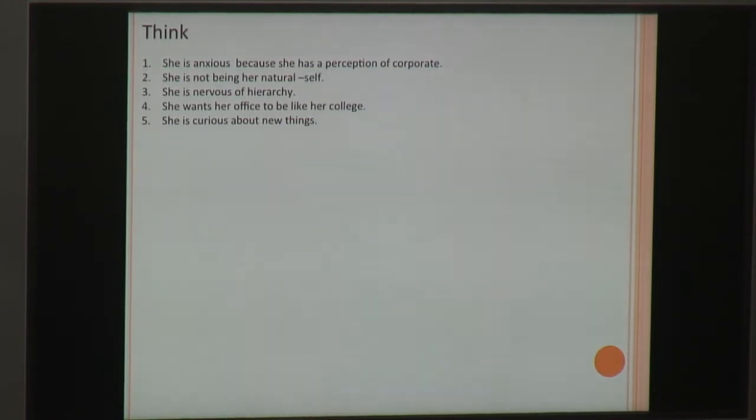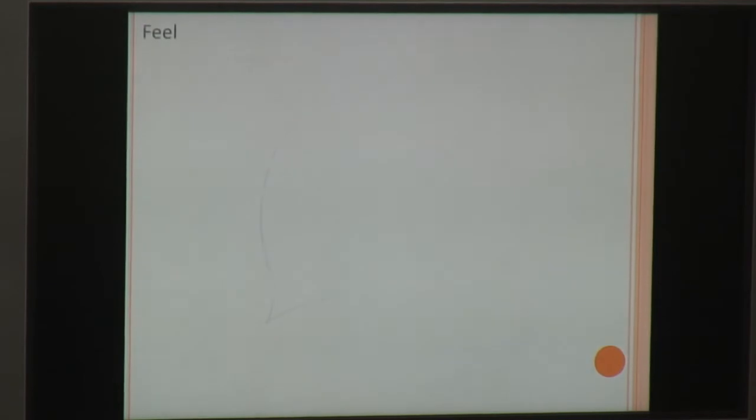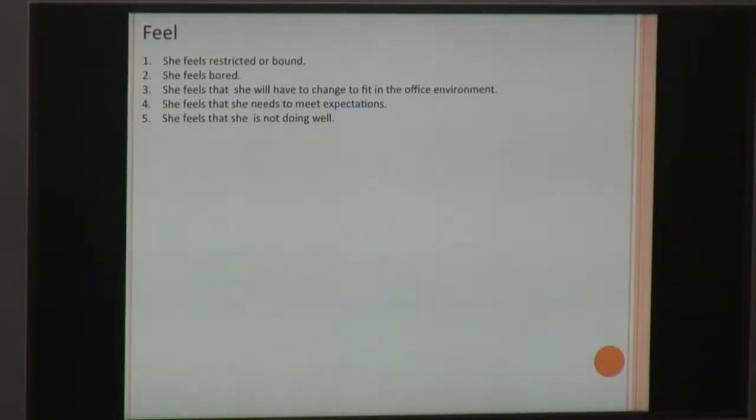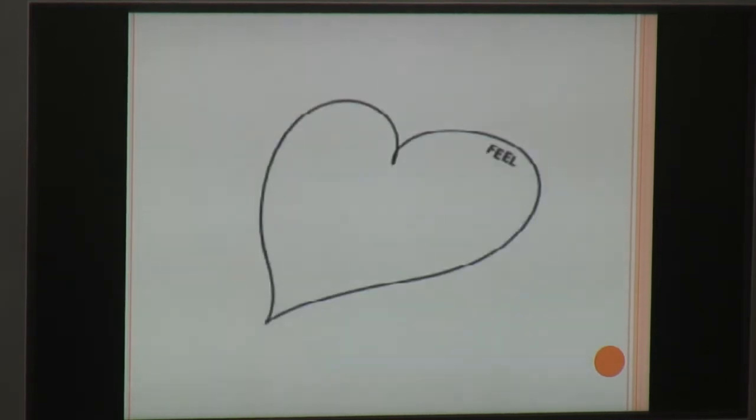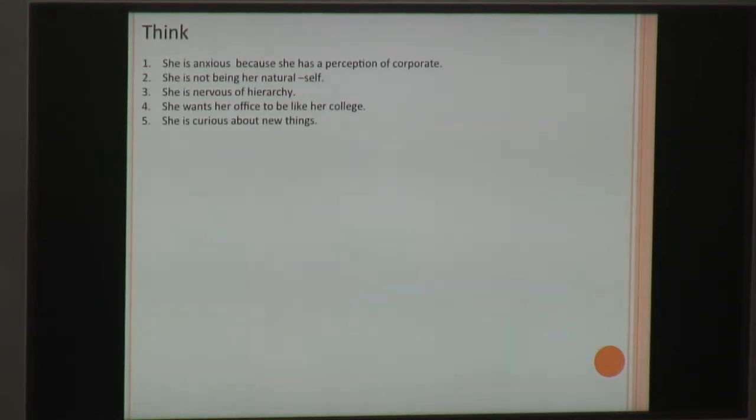And if you look at the feeling examples, the person feels bored, or she feels restricted or bound. So the thinking is more your thoughts about the person's situation, and the feeling is what you think they're feeling inside. Does that make sense? It's not the empathy you're feeling, it's the feelings of the person.